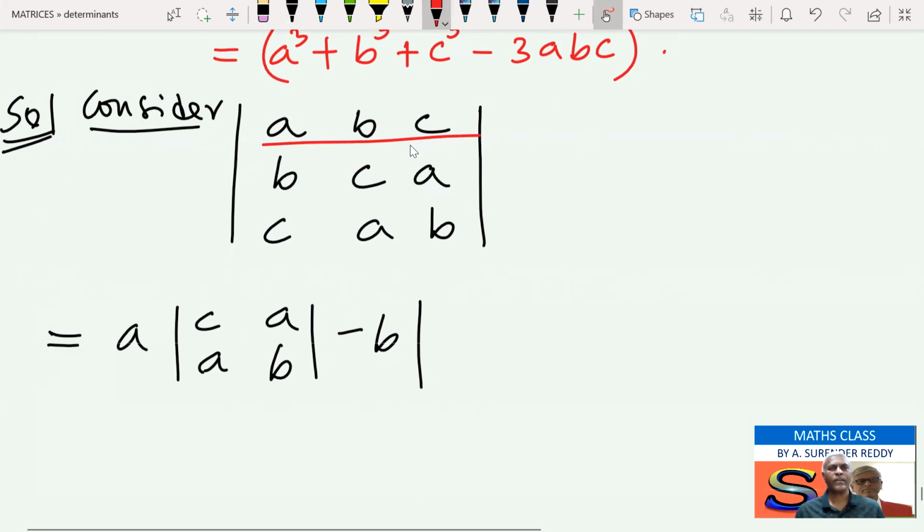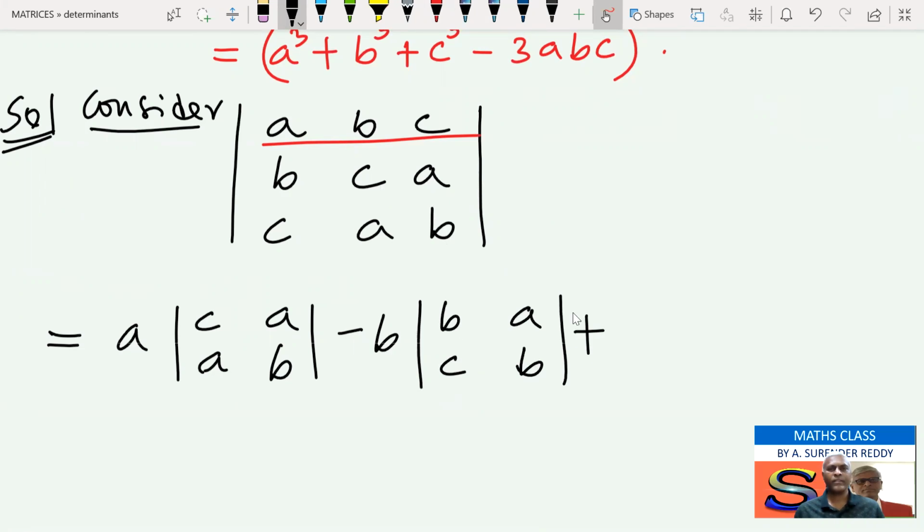ఈ సెకండ్ ఎలిమెంట్ కు మైనస్ వస్తుంది ఎందుకంటే దీని కోఫాక్టర్ మైనస్ అవుతుంది కాబట్టి. Remember, the second element's cofactor will get a minus sign, so that's why we are taking minus. And the remaining 4, BC, AB, and the third element C into, దాని కింద ఉన్న 2 వదిలిపెట్టి మిగతా 4 ఎలిమెంట్స్ తీసుకోవాలి.